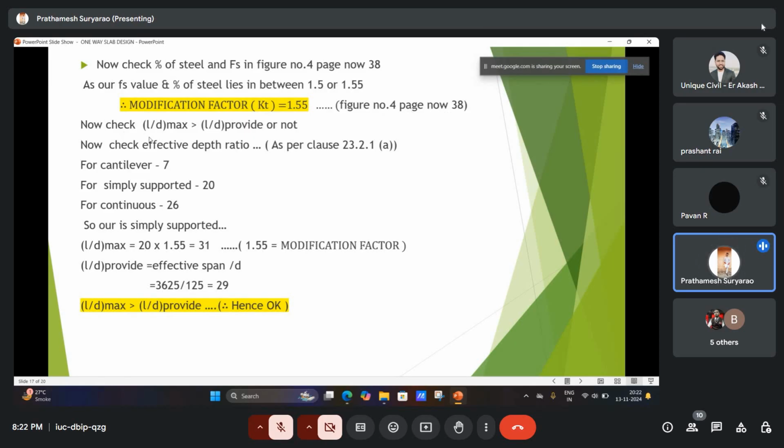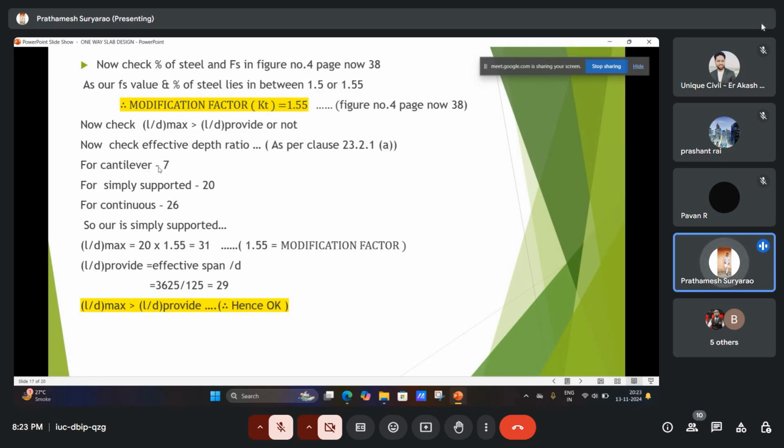So now check whether L by D max is greater than L by D provided or not. Check the effective depth ratio as per clause 23.2.1, section A. There the values of the depth ratios are mentioned.